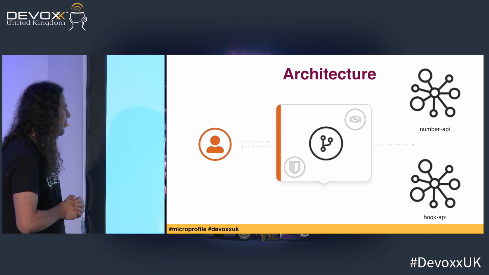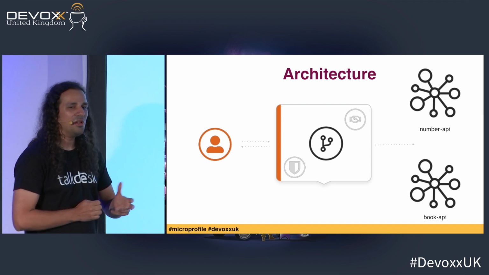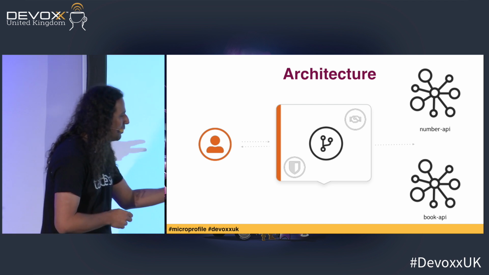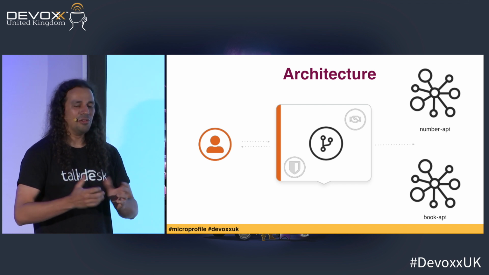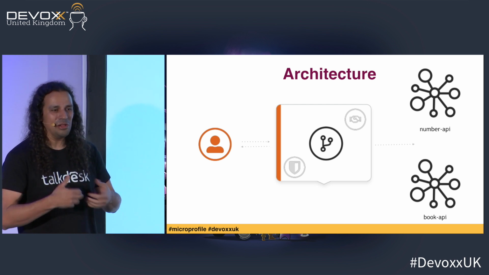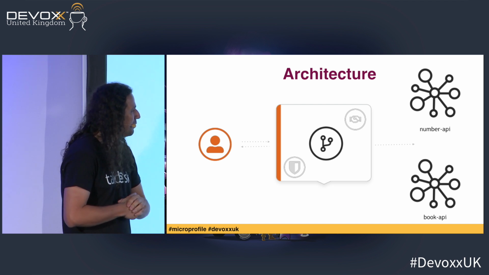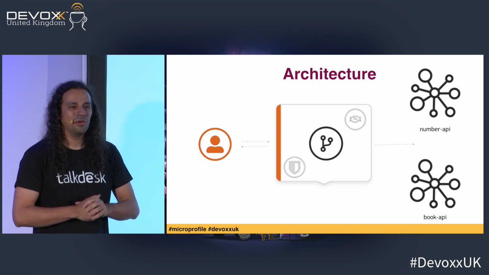And the idea is we're going to have two microservices, one called the number API, which generates a random number, another one called the book API. So it's a bookstore where you can create, read, update, and delete books. And the number API is used by the bookstore to generate the ISBN number when you create one.